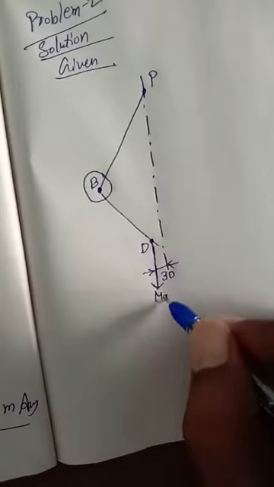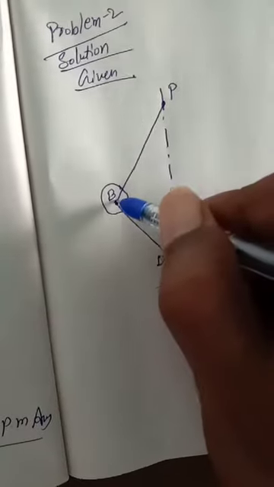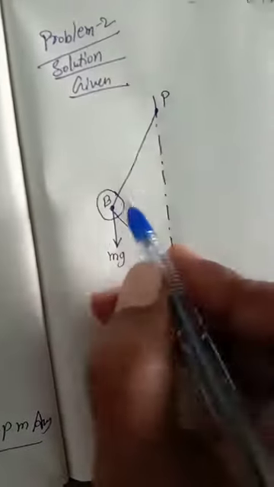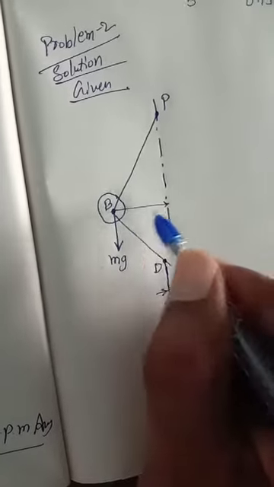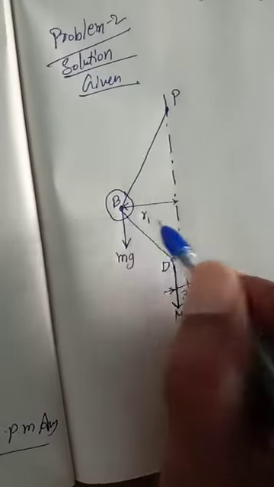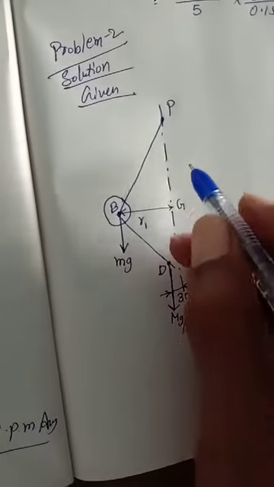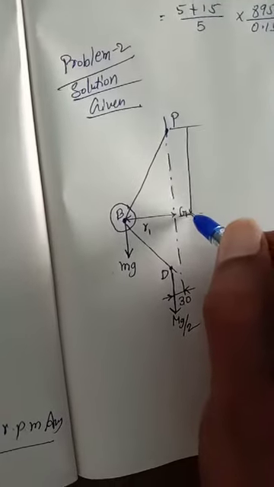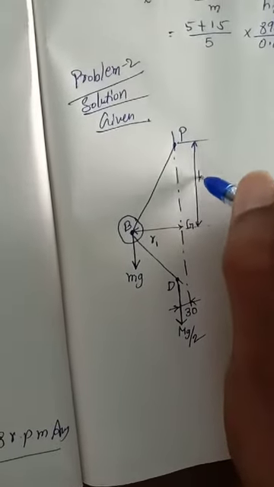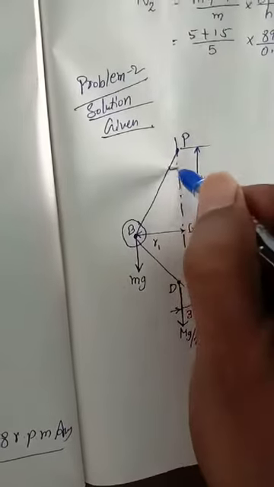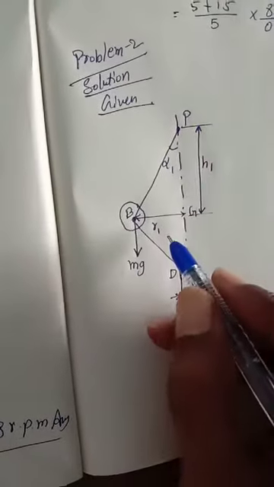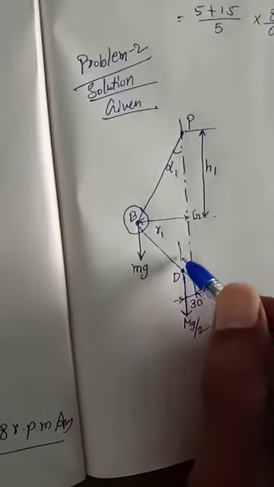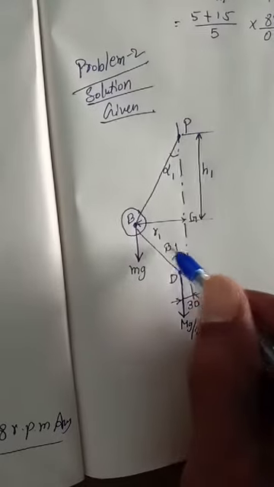This is mg by 2, this is mg, here to here is r1, this is G, to here is h1, and this is alpha 1, and this is called beta.